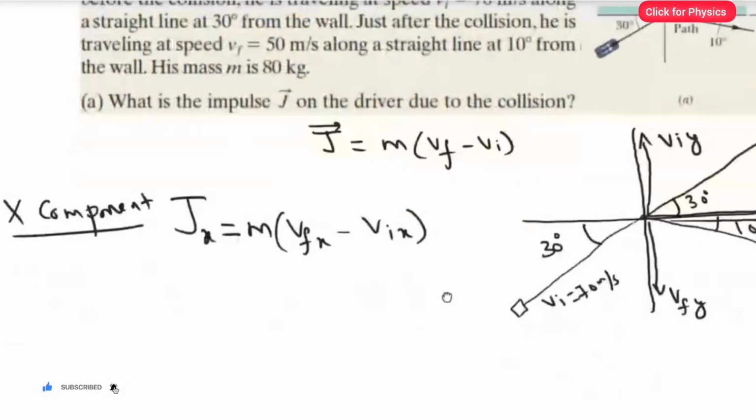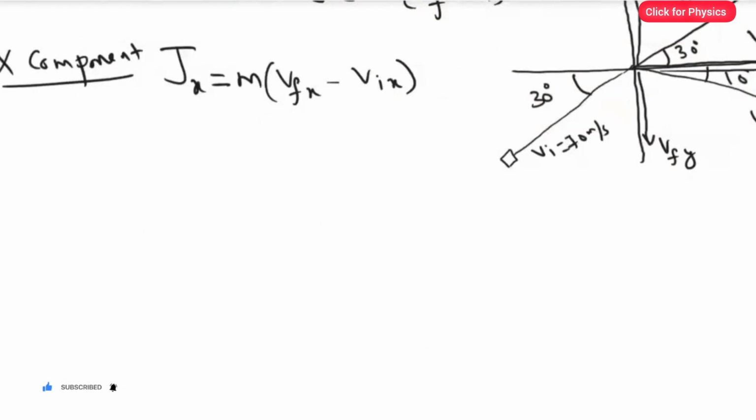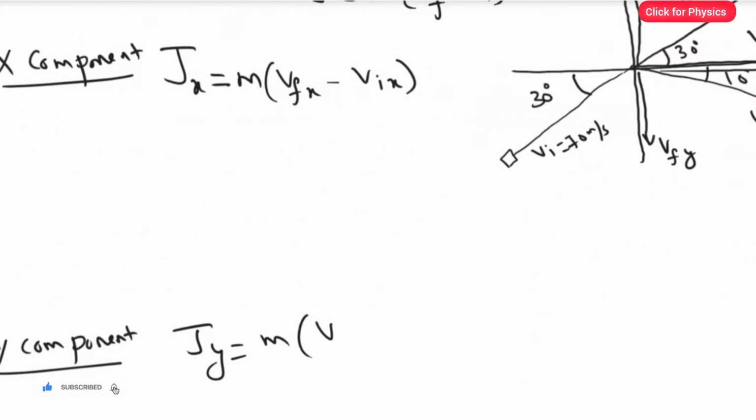Likewise, we write the rule for the y component: J of y is equal to mass multiplied by V f of y minus Vi of y.